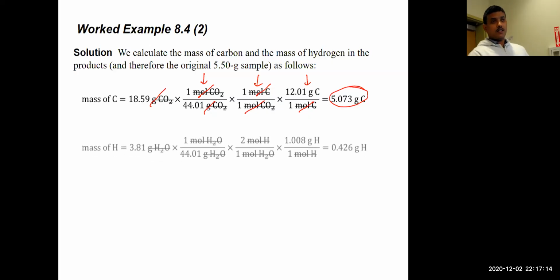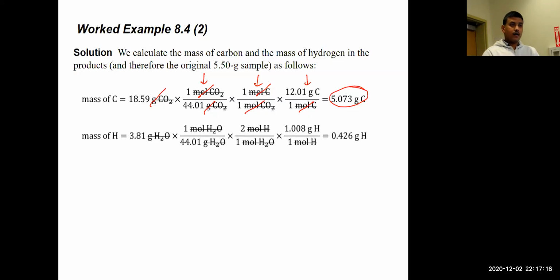And you would use the same technique on hydrogen to identify the mass of hydrogen present. So in 3.81 grams of H2O, 1 mole of H2O weighs 18.01 grams.